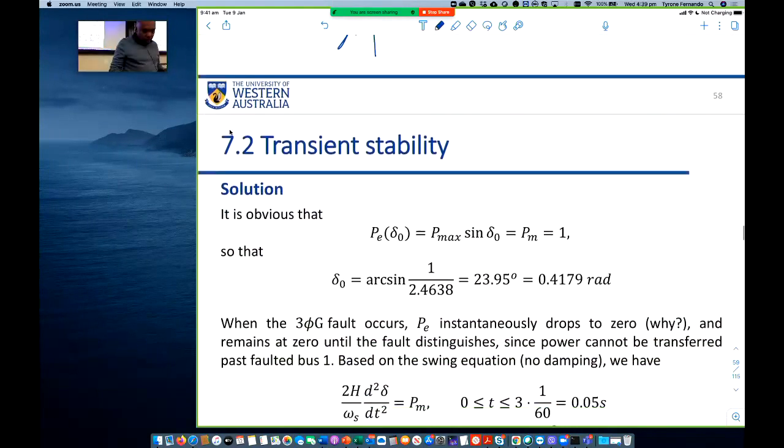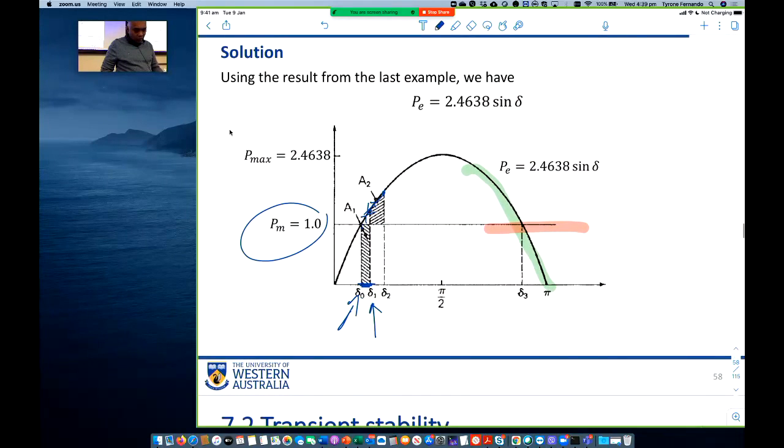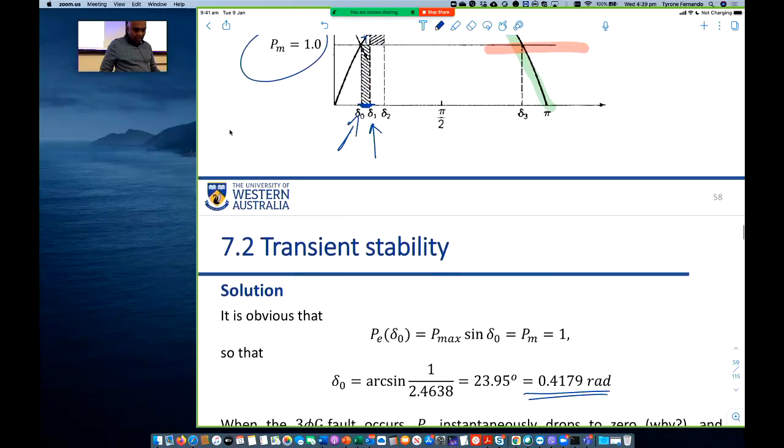Delta naught we can calculate, that's no problem, because we know the equation of the sine curve, we know PM is 1, so we can calculate delta naught.